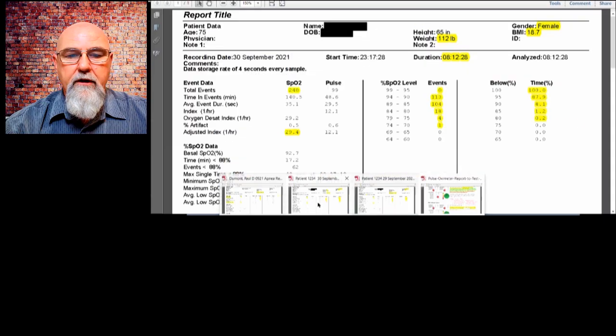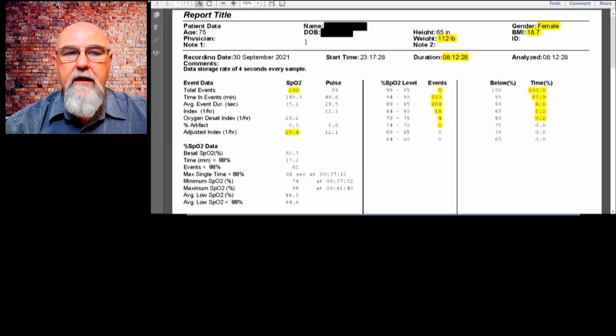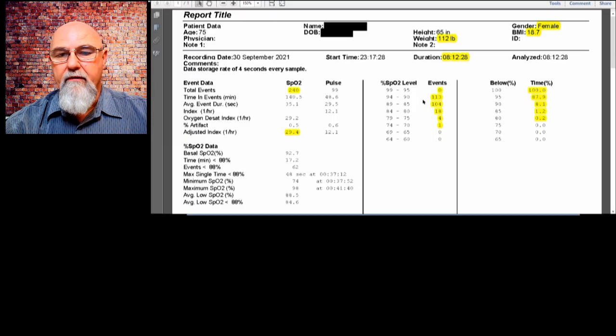So we have another test here. Let's look at this young lady. This young lady is 75. She's 112 pounds. Her BMI is 18.7, very thin. And we see that she had quite a few events: from 94 to 90, 113; 89 to 85 saturation, 104; and then 18 events from 84 to 80%.